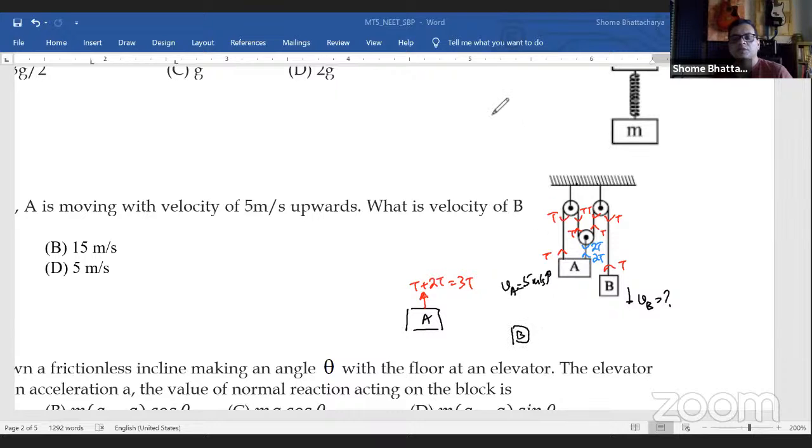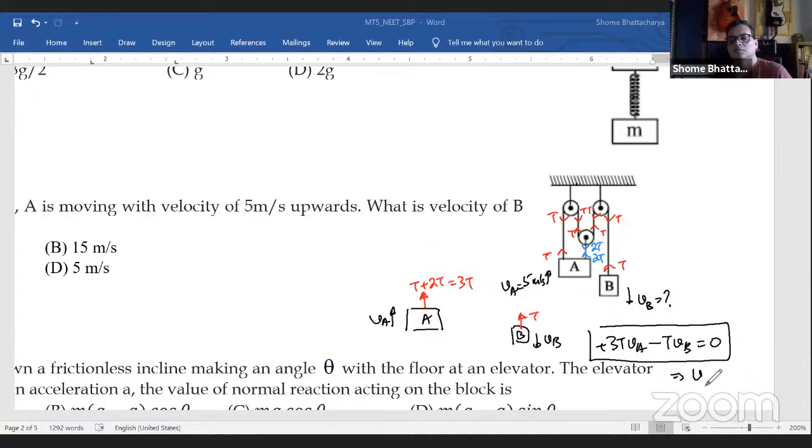So on the block B, the tension acting is T. So we have the relation that 3T into VA minus T into VB should be 0. This is our constraint relation. So this is the method for calculating the velocity.